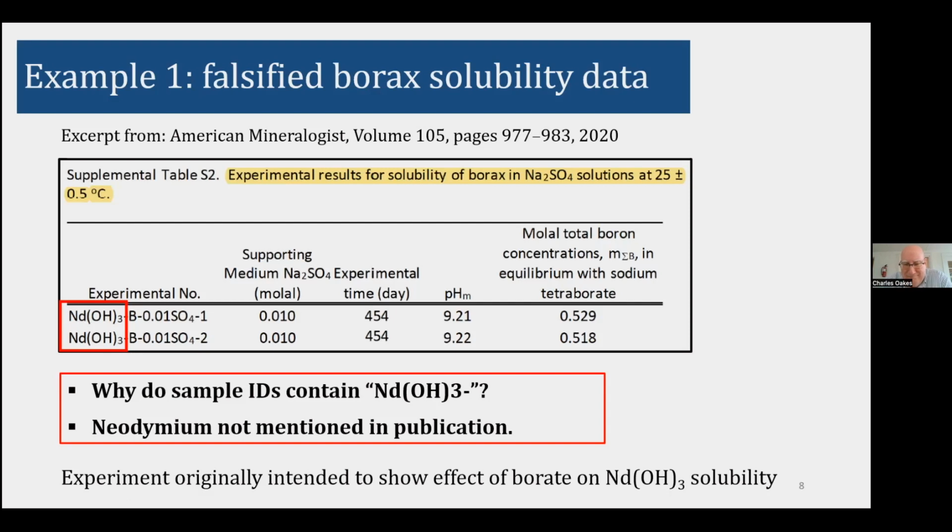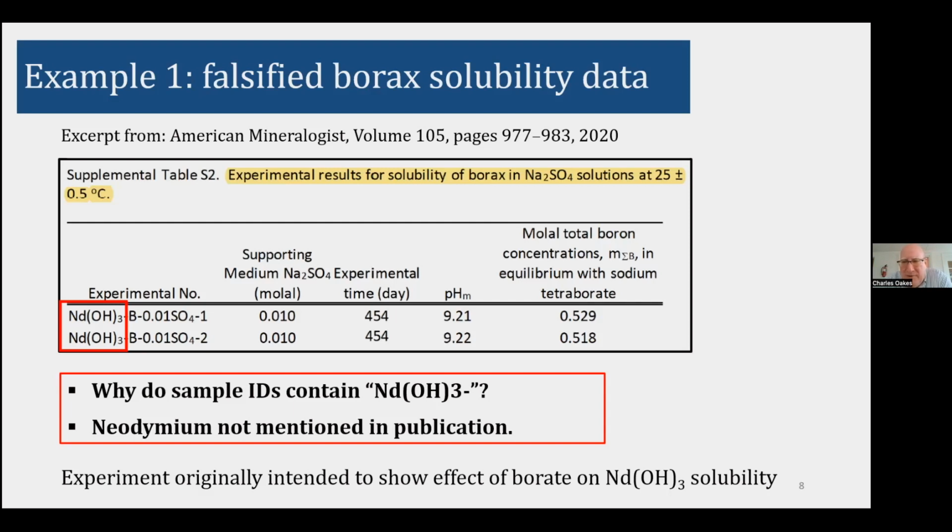And I thought, why is a guy that's publishing a paper on borax solubility got sample IDs that begin with a prefix of neodymium hydroxide? Looked very odd to me. So I went back and I know this guy's work, and I know he's done some work on neodymium hydroxide, and I know that that work is also in the government report literature.